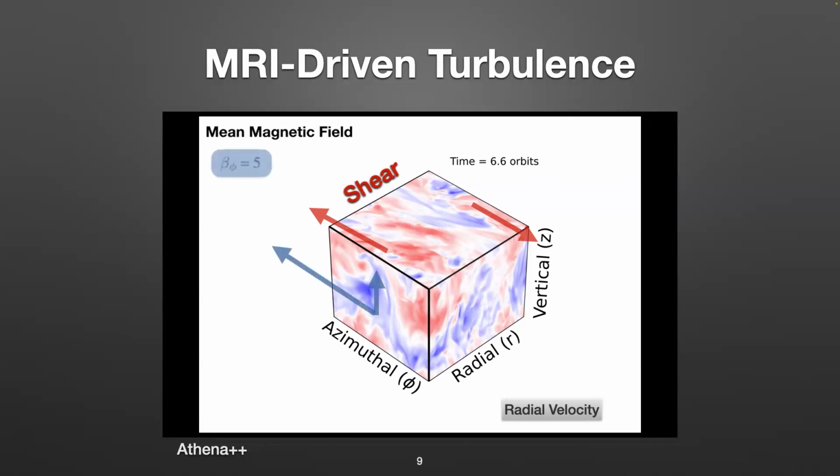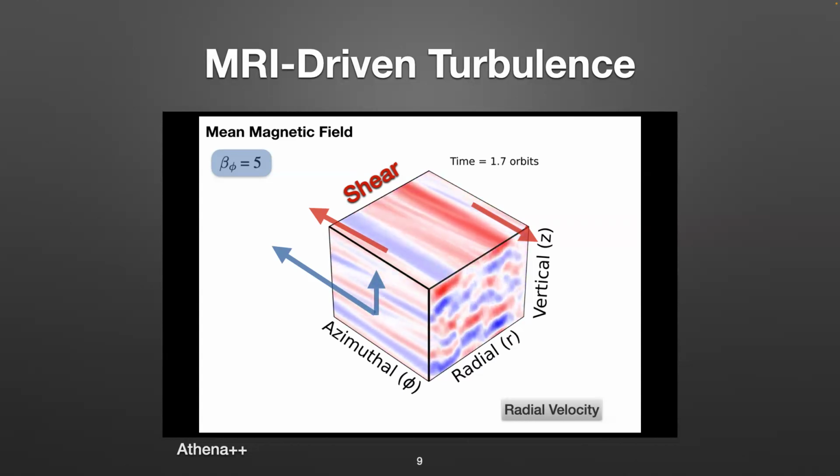And I have a mean magnetic field, which is relevant to black hole accretion, primarily azimuthal fields with weak vertical field components that drive the vertical magnetorotational modes. I set the magnetic field using the plasma beta parameter, which represents the strength of the magnetic field with respect to the gas pressure, relevant to what is seen in black hole accretion disks. And I let this box run.